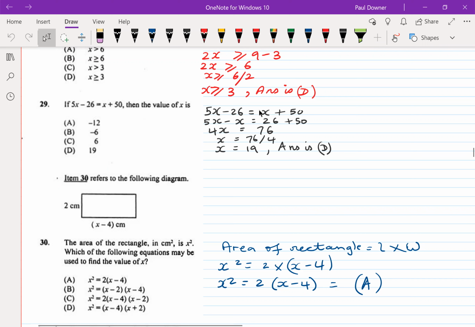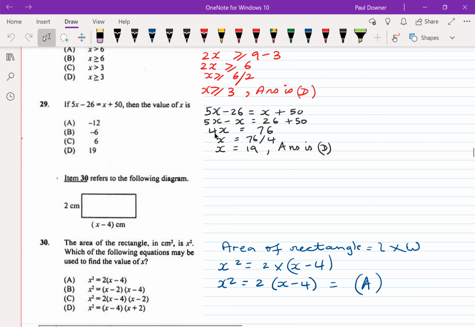How to get rid of this x? Well, the real thing that you do is you minus x on the right and you minus it on the left as well. That's how you end up with no x here and a minus x here. But in the past, the easy way to say it is take this plus x and bring it over to the other side, and it becomes minus x. Okay, so now 5x take away x gives us 4x. 26 plus 50 is 76.